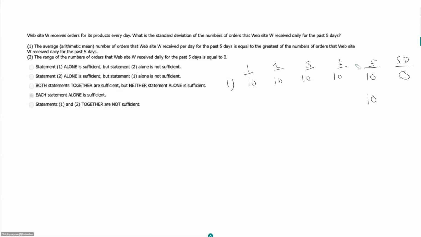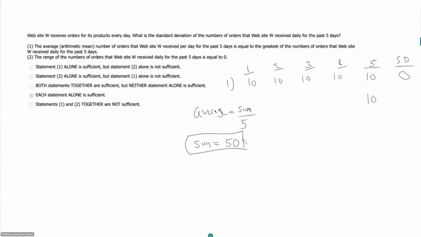So is that possible? Let's think for a second about what average is. Average is the sum over the number of terms, right? In this case, it will be the sum of your terms over 5, because we have 5 days. And we're saying we want our average to be equal to 10, and so that means our sum has to be equal to 50.